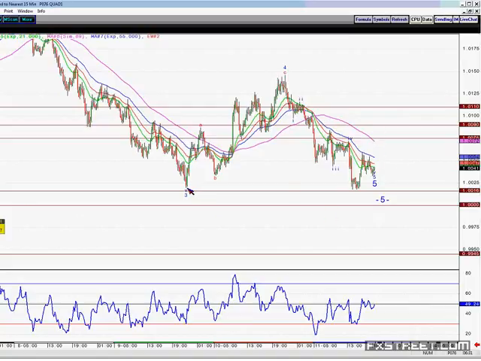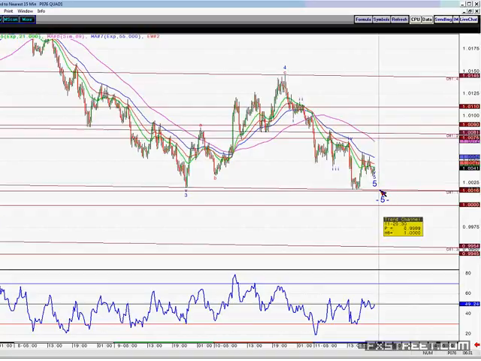Unless, let's say I draw a channel, the price goes below 100, then we can look at the 99.50 level, which means another 50 pips lower, provided this is a convincing break. Otherwise, we may get a false break and the market may push higher.